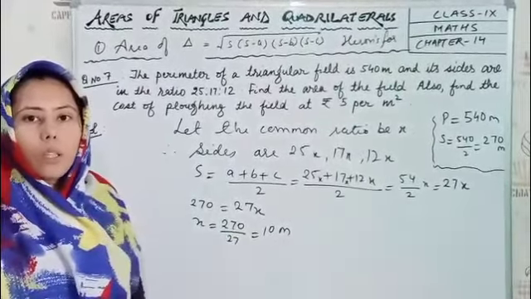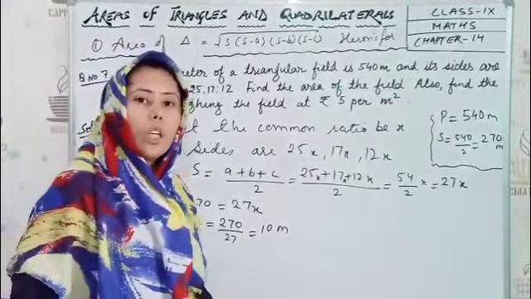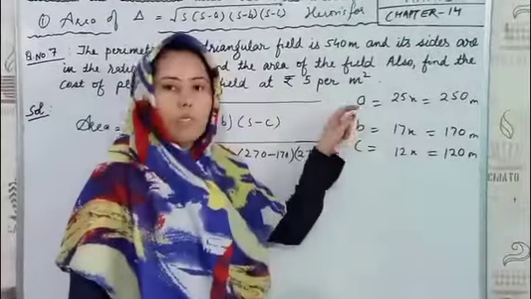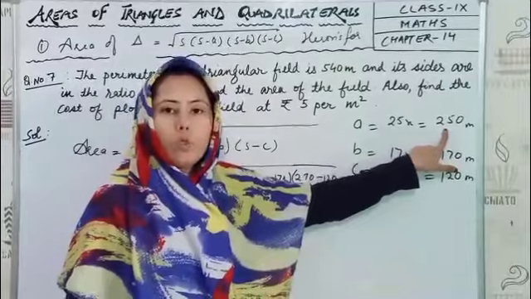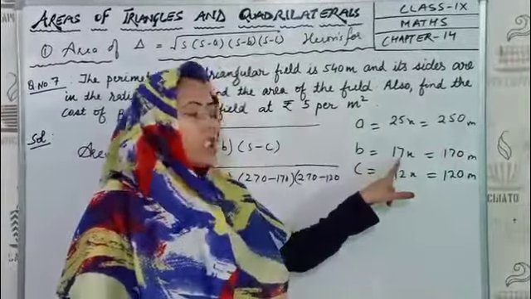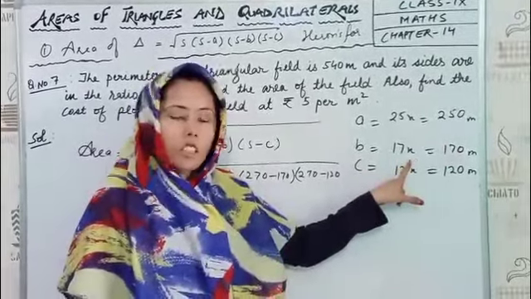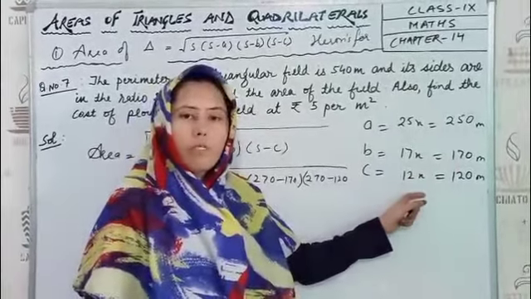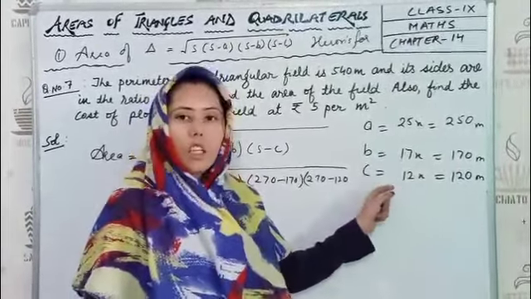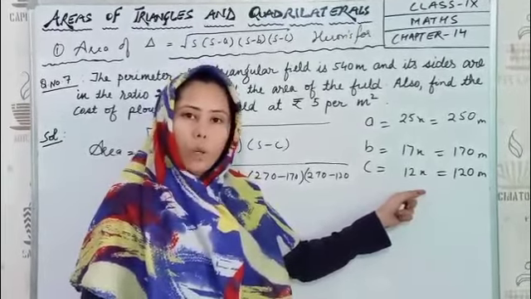Now we will calculate the area of the triangle using Heron's formula. So a is equal to 25 into 10, 250. b is equal to 17x, the value of x is 10, so it will become 170 meter. And the third side c is equal to 12x.